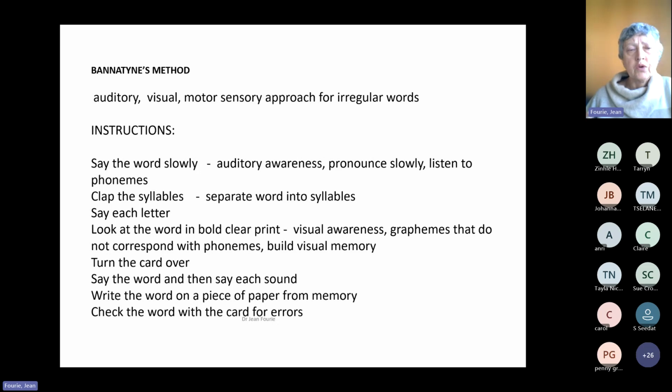There are also different kinds of programs, and you can find all sorts of printable flashcards on the internet to help you with this. But the point is that the child is looking at and very carefully seeing where the irregularities are in these particular words, because the word does not have this one-to-one correspondence.